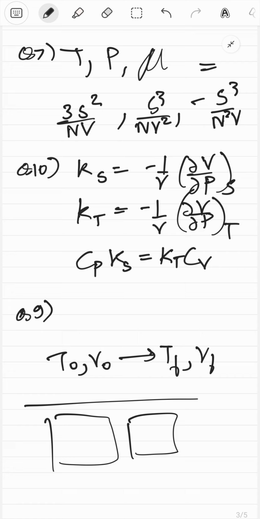Some work can be delivered. Oh, okay, I get it. So these are at different temperatures, right? This is at T naught, and it's to be taken to TF, sure.